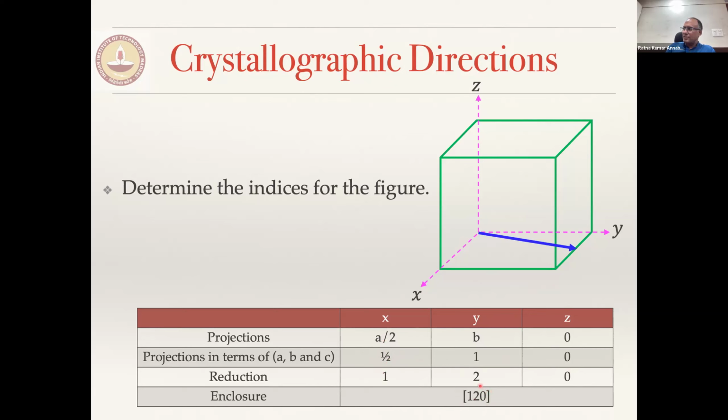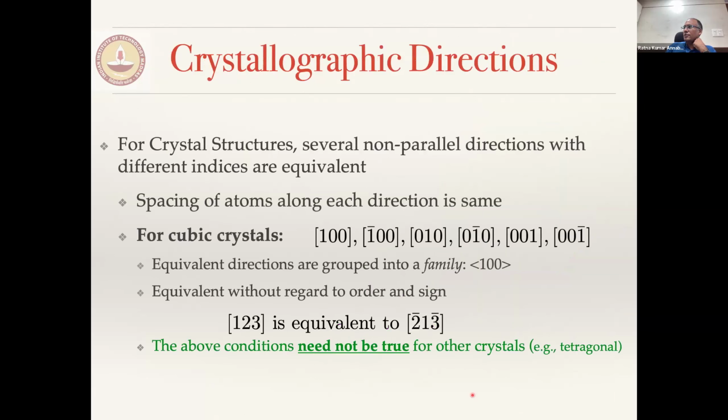We have also learned that in cubic crystals, any permutation of these three symbols gives equivalent directions. The family of equivalent crystallographic directions is represented by angle brackets. For example, when you say the 100 family, all permutations of these three symbols, 1 and two zeros, and their negative counterparts form the family of equivalent directions as far as cubic crystals are concerned.